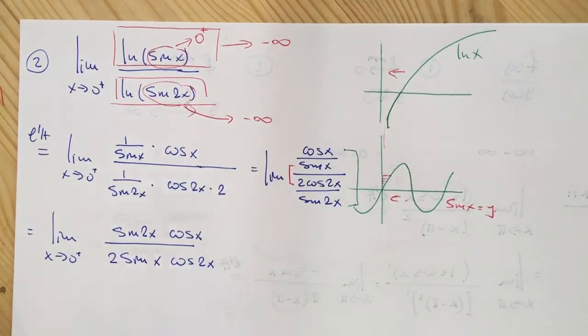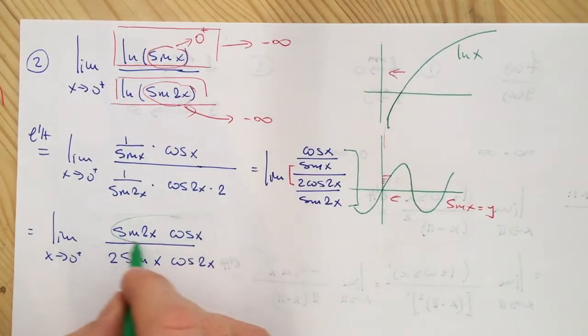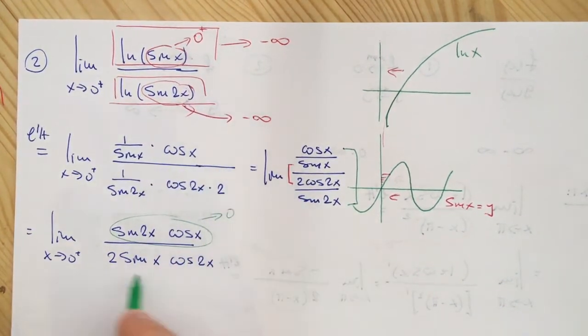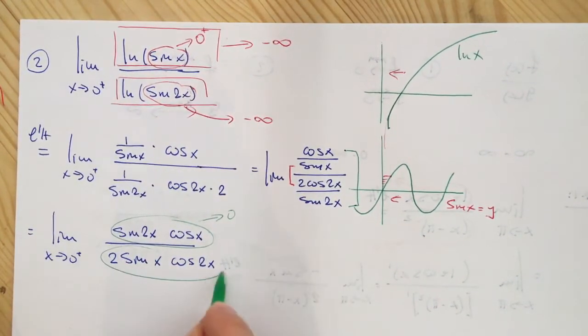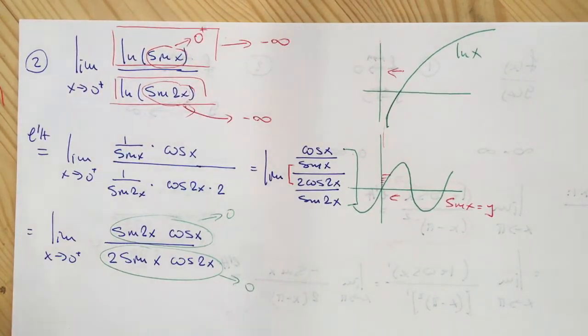Now try to check what is happening with the numerator. Sine of 0 is 0, so the numerator goes to 0. And the denominator, sine of 0 again is 0, so the denominator also goes to 0.